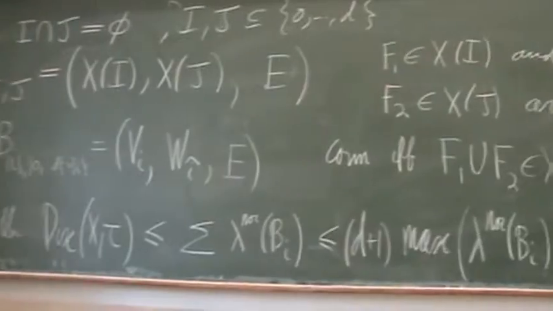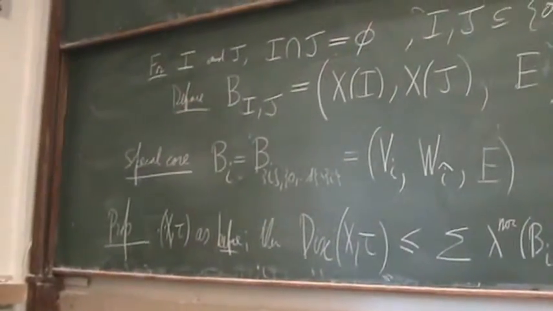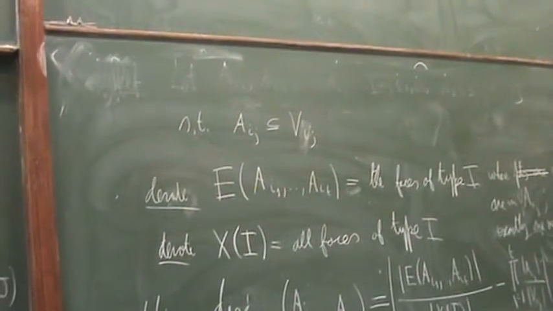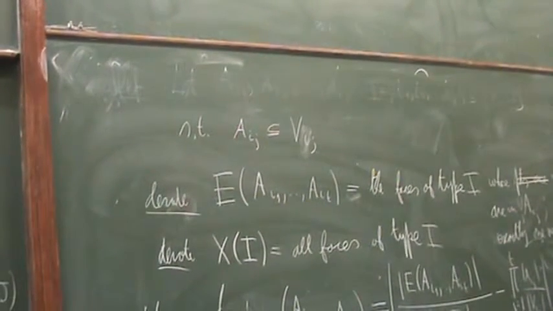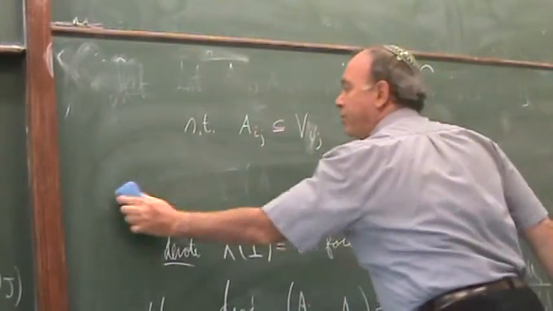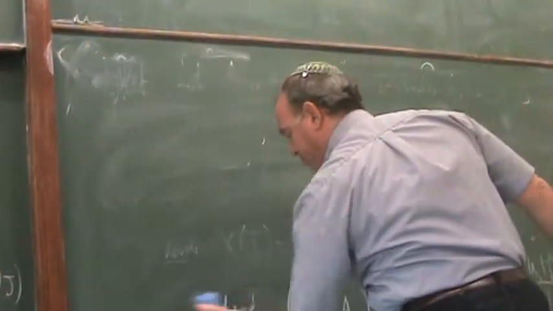I know it's time for the break, but let me take just 2-3 minutes. I want to write the main lemma in proving this, and then after the break we will prove the proposition.